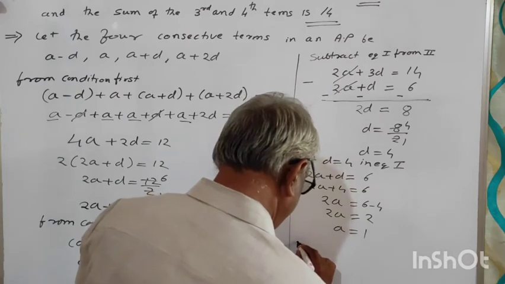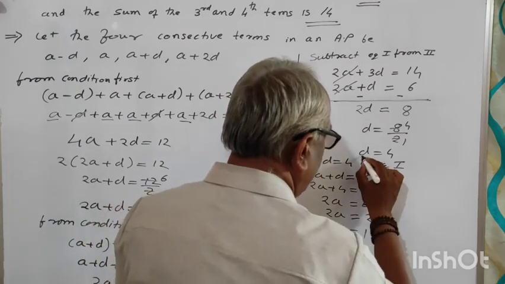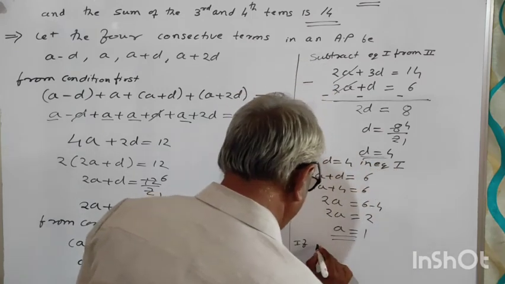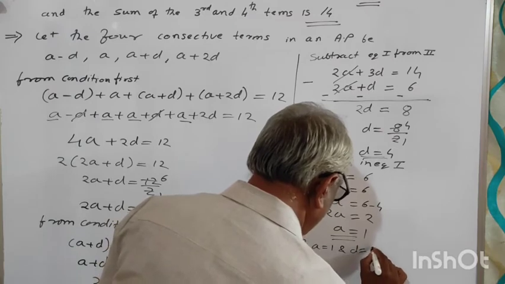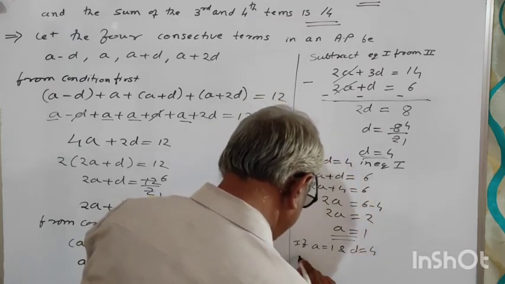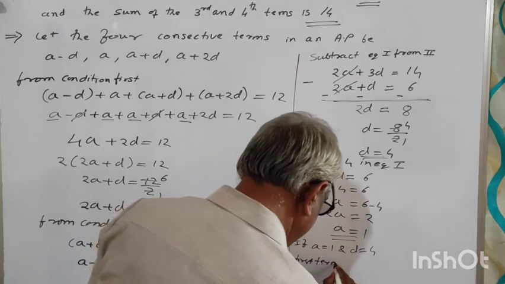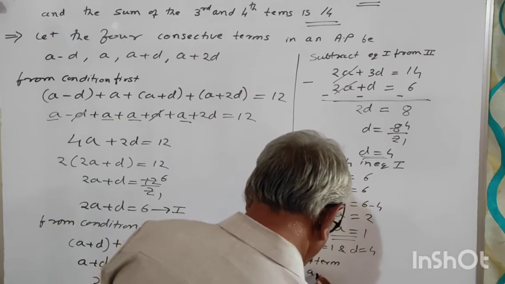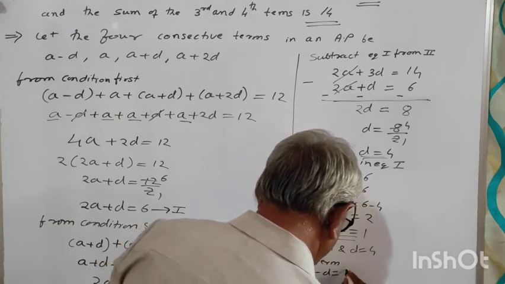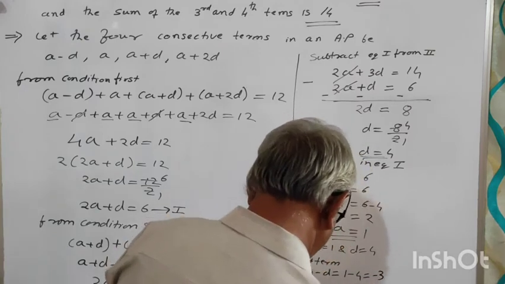Now if a is equal to 1 and d is equal to 4, then the first term is a minus d, which is equal to 1 minus 4, which is equal to minus 3.